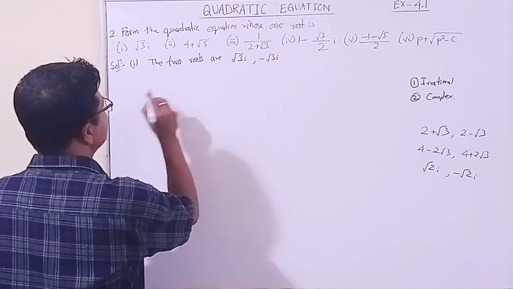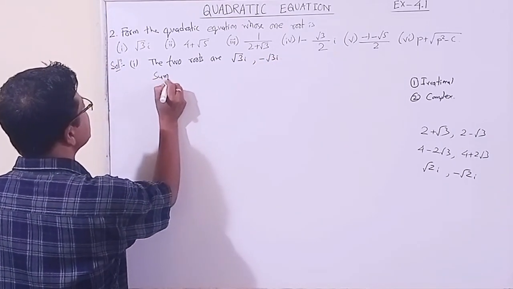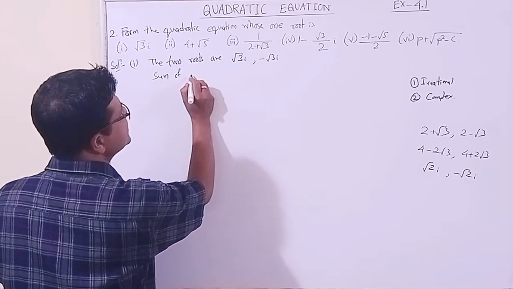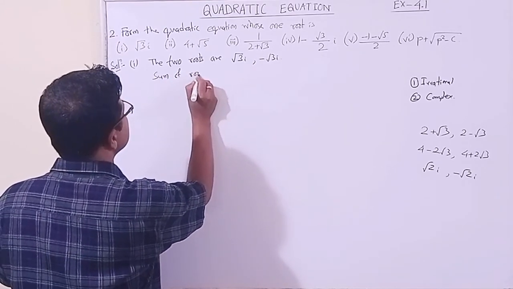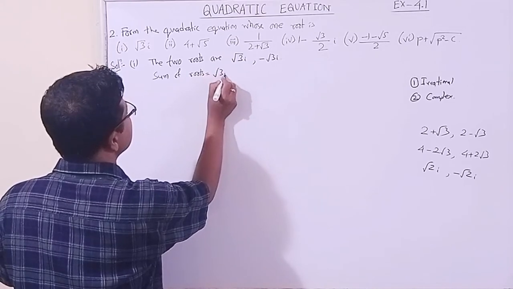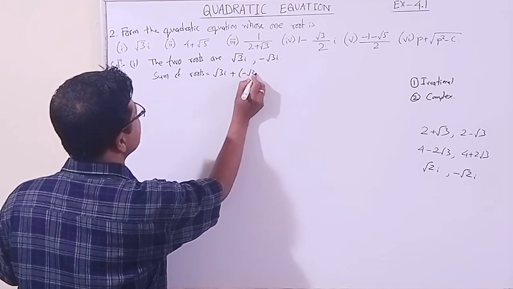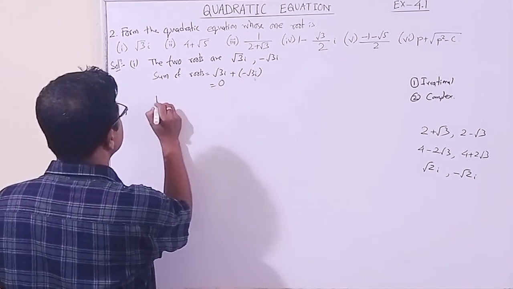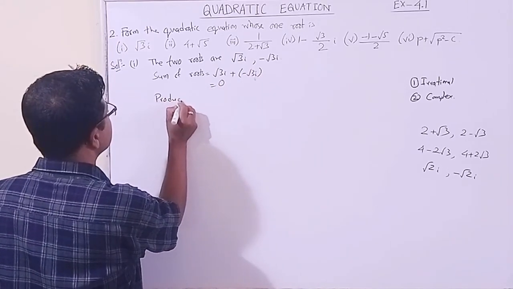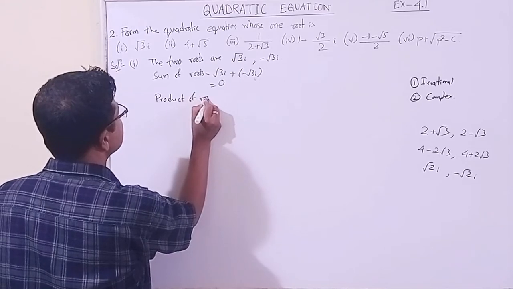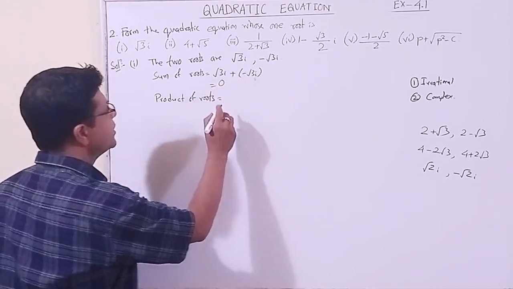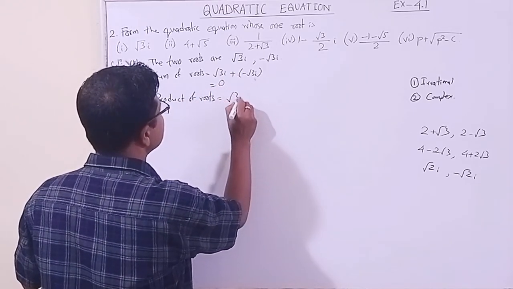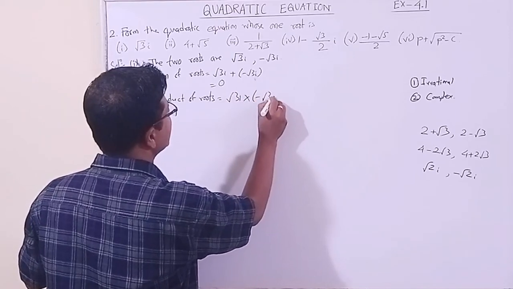Okay, now let us find the sum of roots: root 3i plus minus root 3i. This cancels, okay, it is 0. Then product of roots, let us multiply them. Alright, so root 3i into minus root 3i.